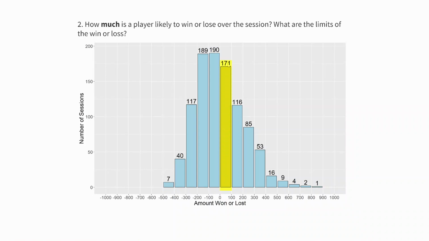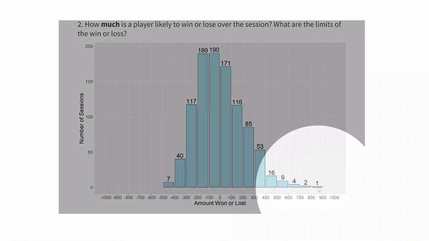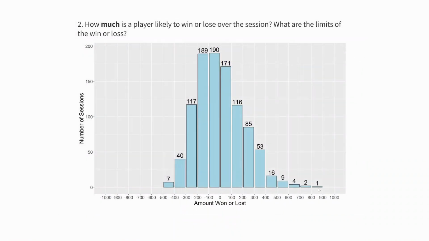That's 171 sessions that won or lost between $0 and $100. And if you look over here, the maximum amount won is between $800 and $900. The maximum amount lost, which is 7 different sessions, is between $400 and $500.